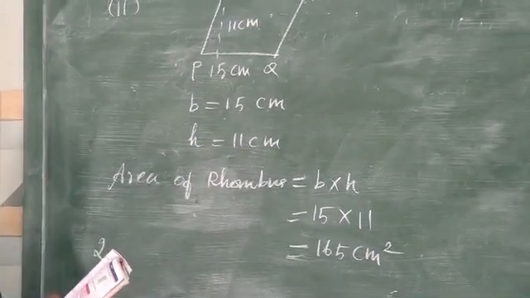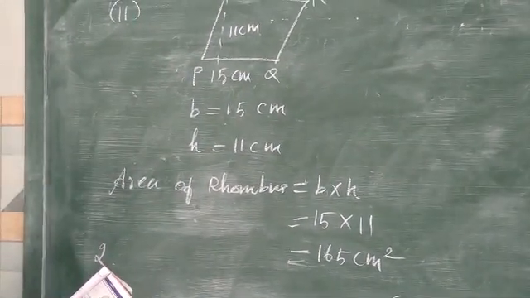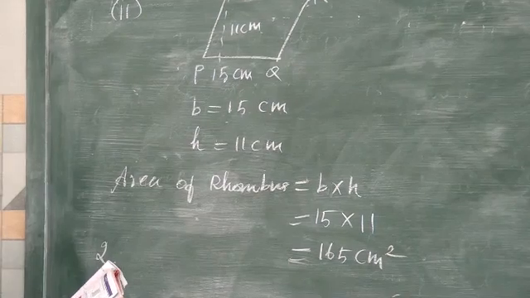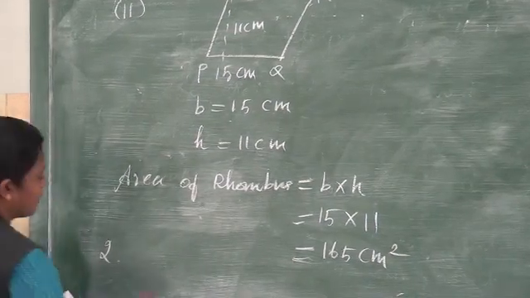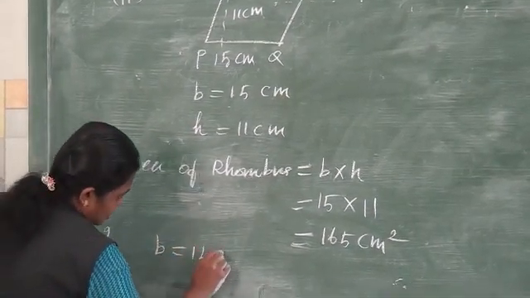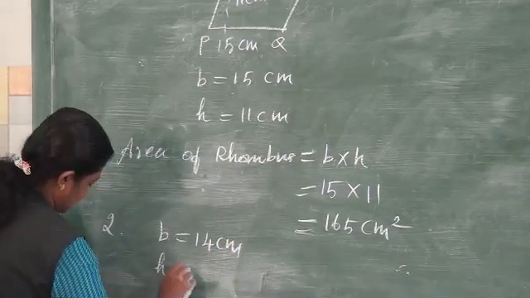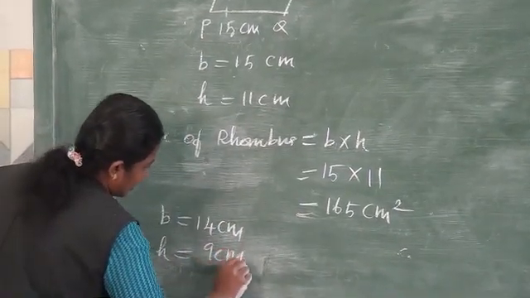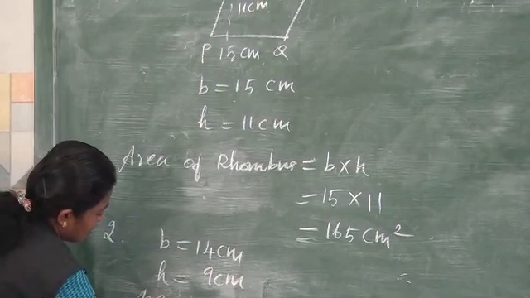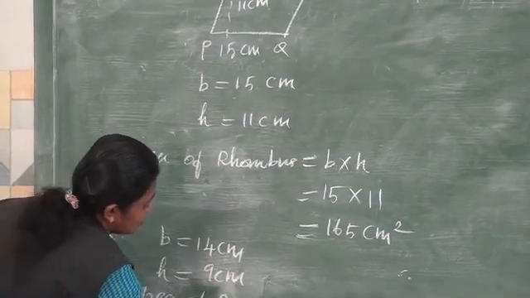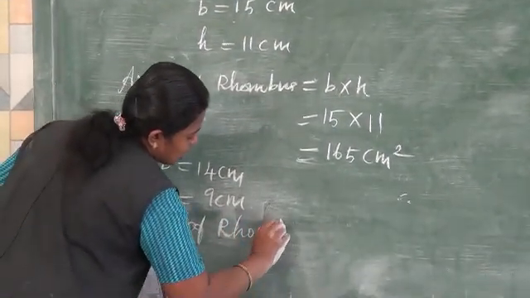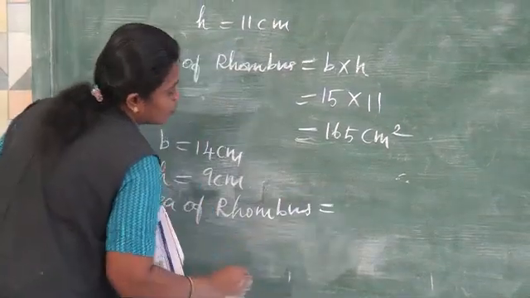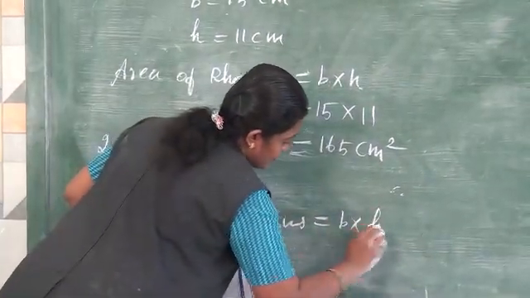Find the area of a rhombus whose base is 14 centimeter and height is 9 centimeter. Base equal to 14 centimeter. What is the height given? 9 centimeter. So area of a rhombus formula, base and height are given, base into height. Easy one, we can do easily.